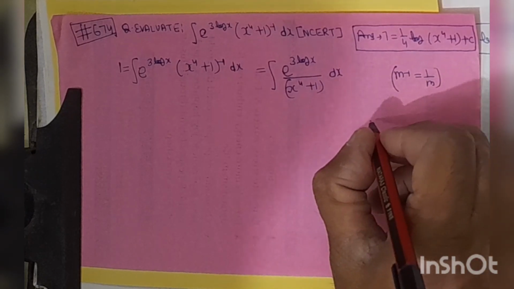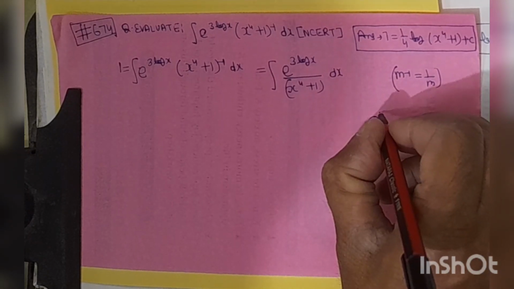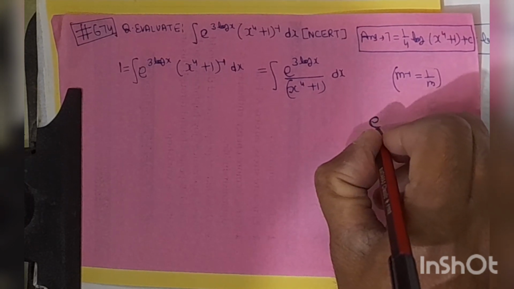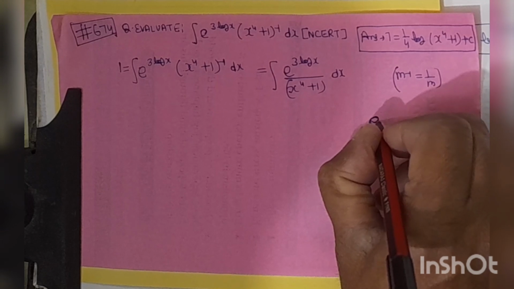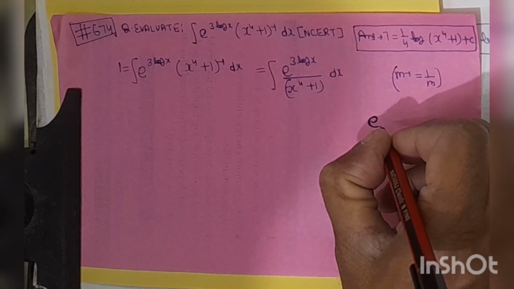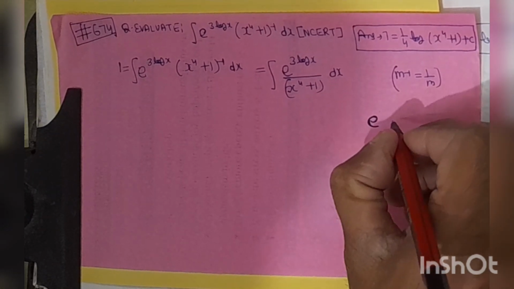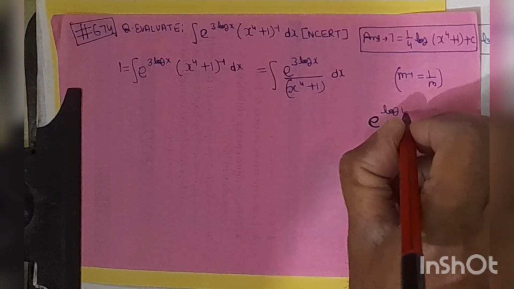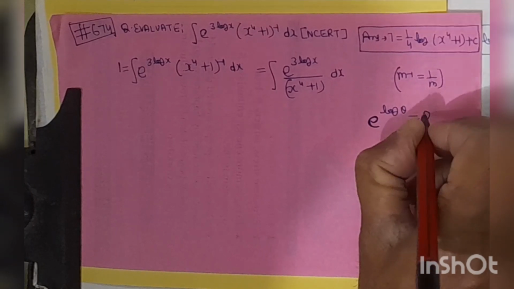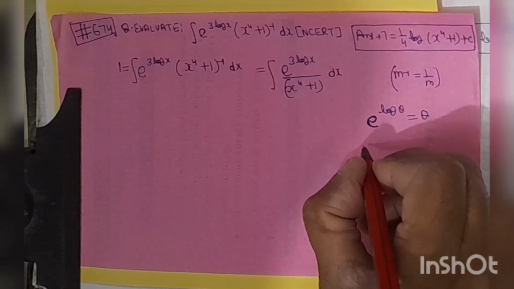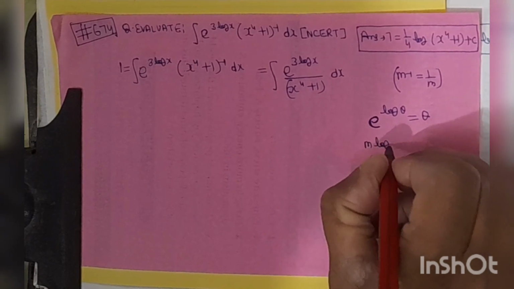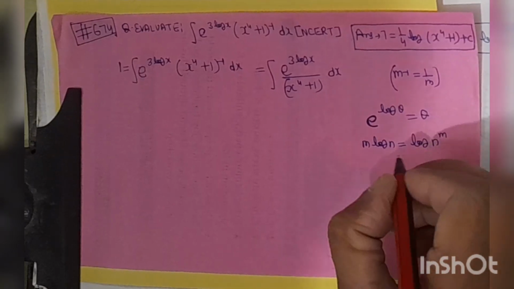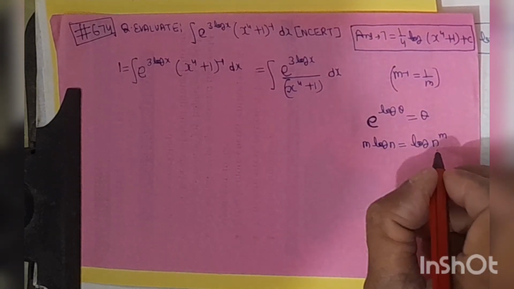Now we also know e to the power log theta is equal to theta, and we also know m log n is equal to log n to the power m.